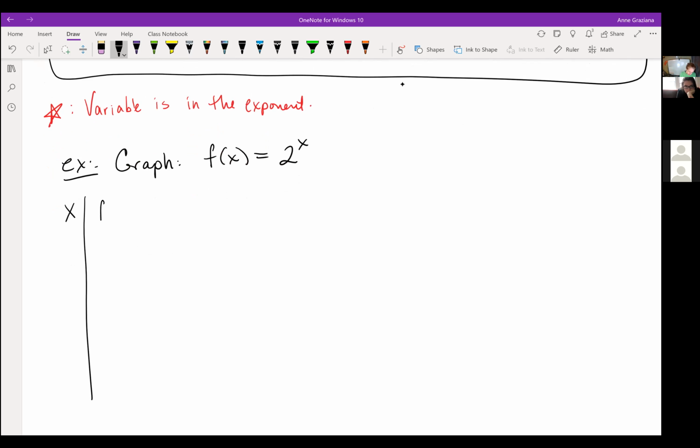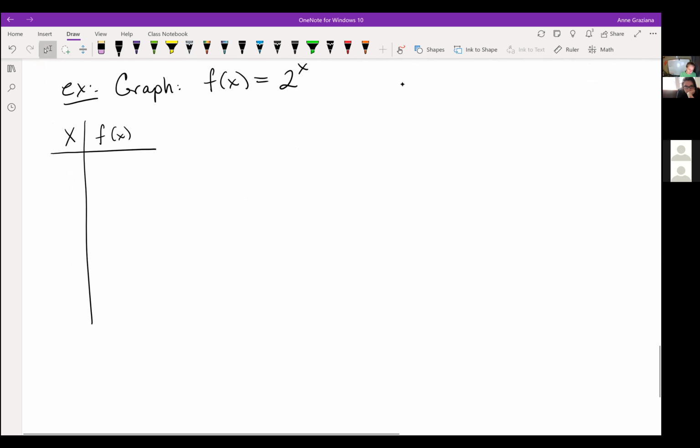X and f of x. All right. So what I'm going to do is I'm just going to pick a bunch of numbers to plug in. So 0, 1, 2, 3, 4, and then -1, -2, -3, -4.